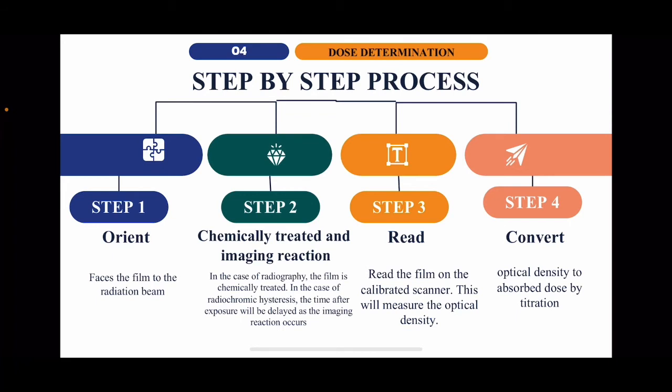In the case of radiochromic film, the time after exposure will be delayed as the imaging reaction occurs. Then read. Read the film on the calibrated scanner. This will measure the optical density. Then convert optical density to absorbed dose by calibration.